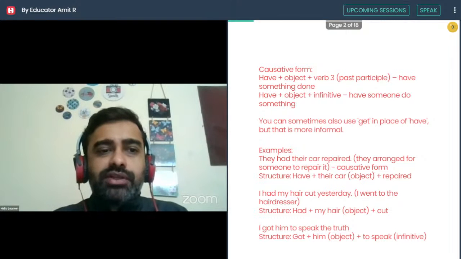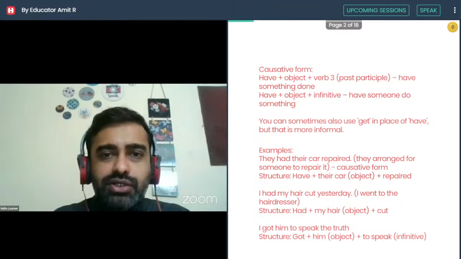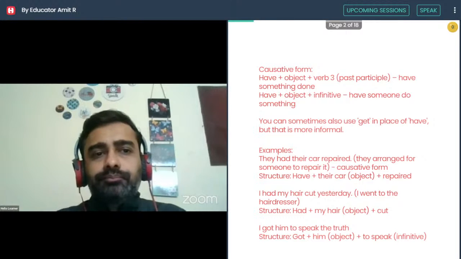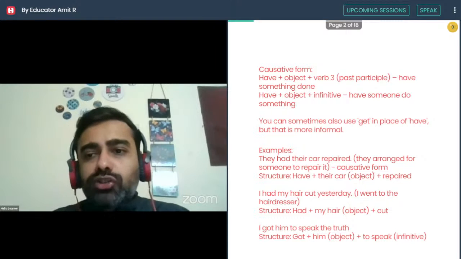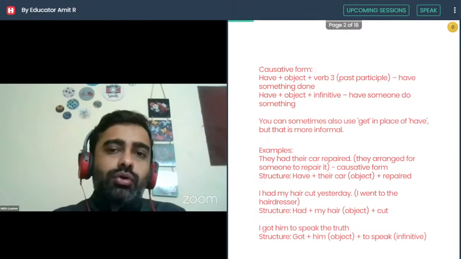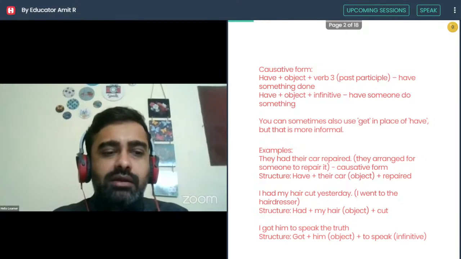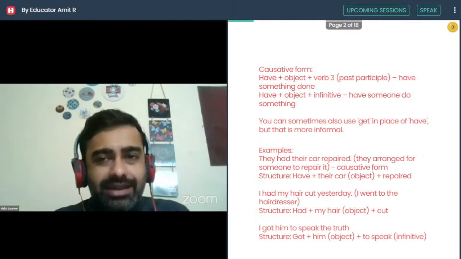The other examples given here are the forms, the structure. The other thing that I mentioned about the causative form was that it comes from the word to cause something, to cause something to happen, right? So we talk about verbs like make, get, help, have, let, okay?